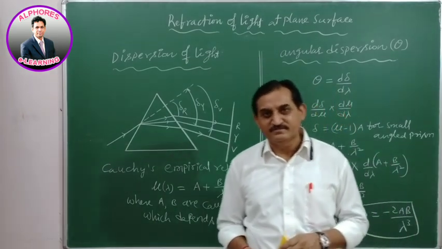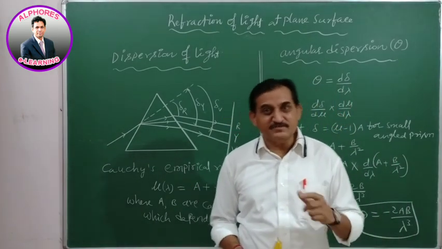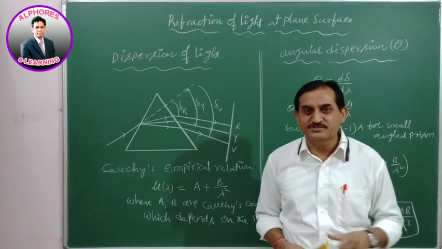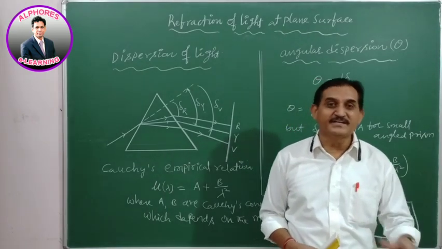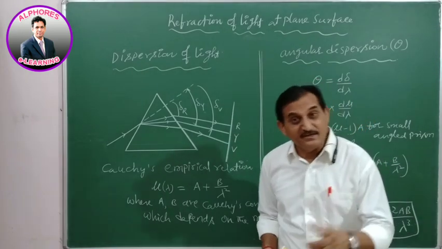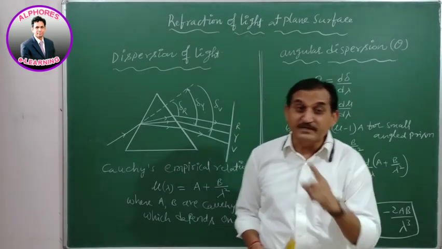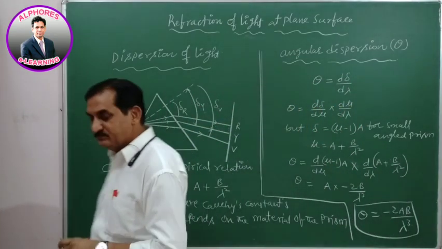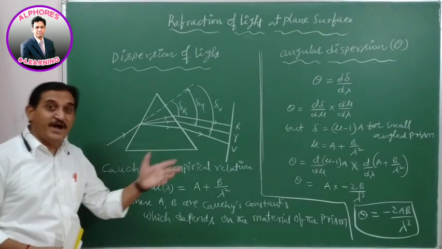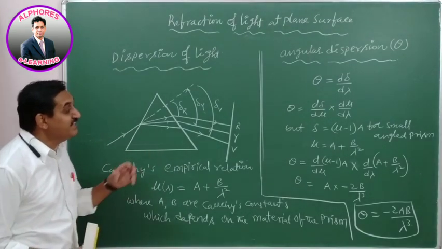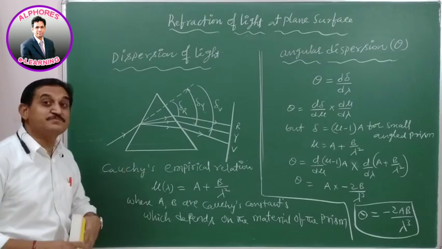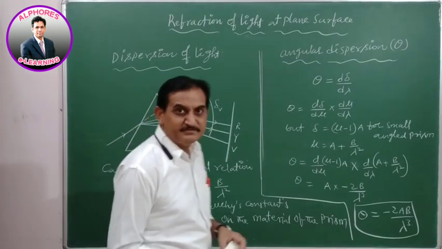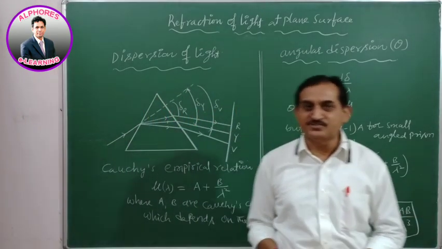Because of this, in accordance with the wavelength of the different colors, the material medium will acquire different refractive indices for different colors. This is the reason why the different colors split from white light, giving dispersion.